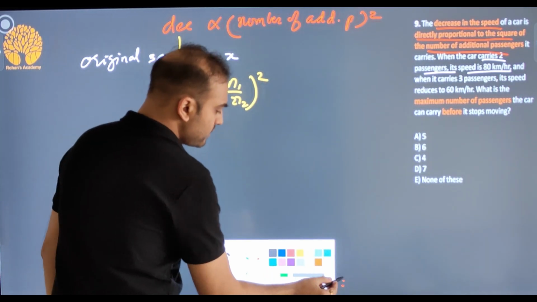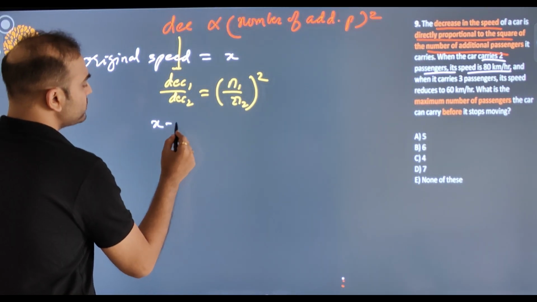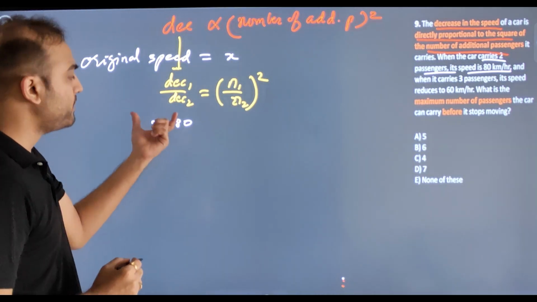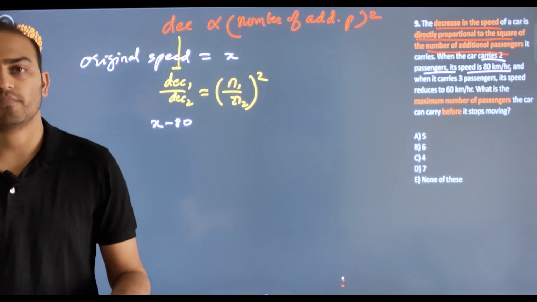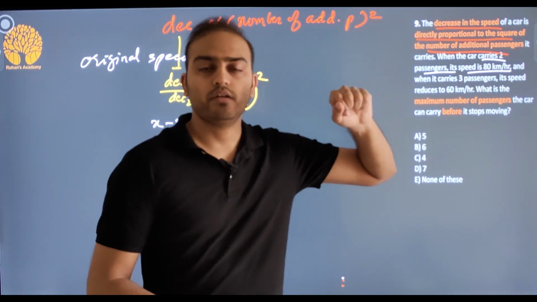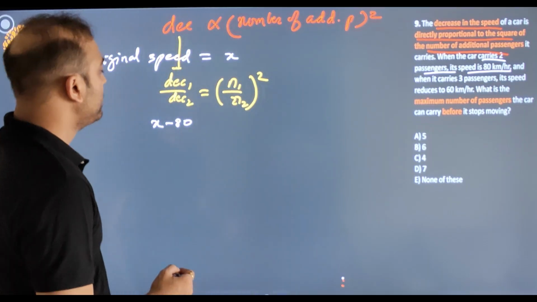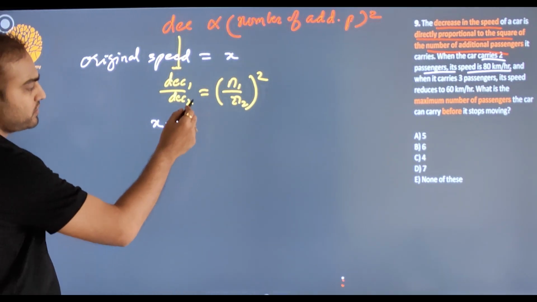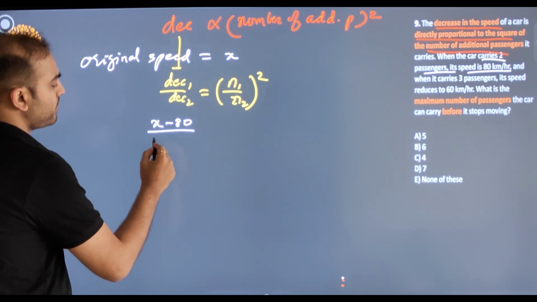Let's apply this. When the speed has become 80, what is the decrease? Original minus 80. Say original was 120 kilometers per hour. The speed has become 80, so it decreased by 40. So if the original is x, the decrease is x minus 80.